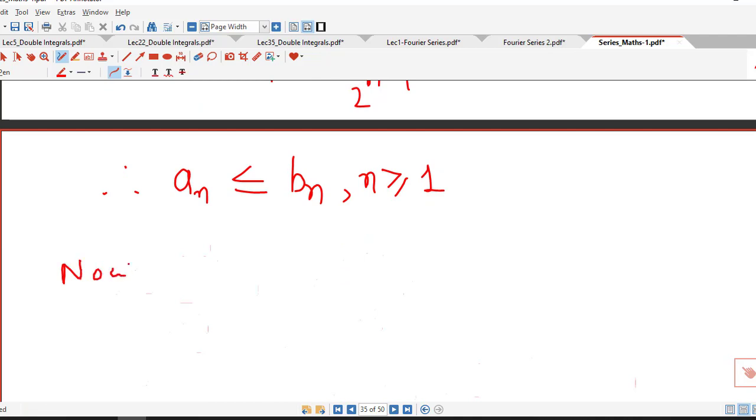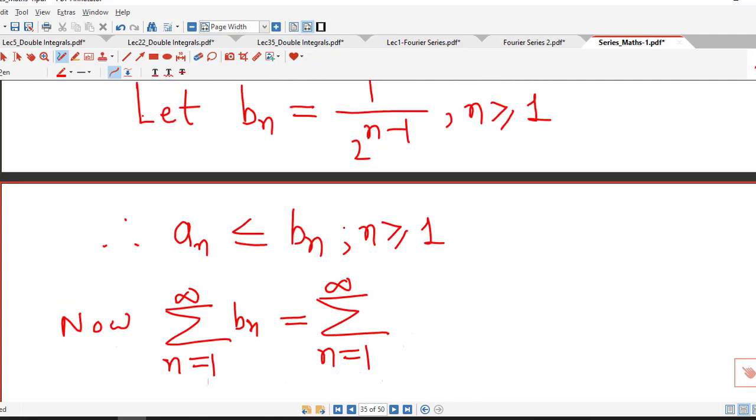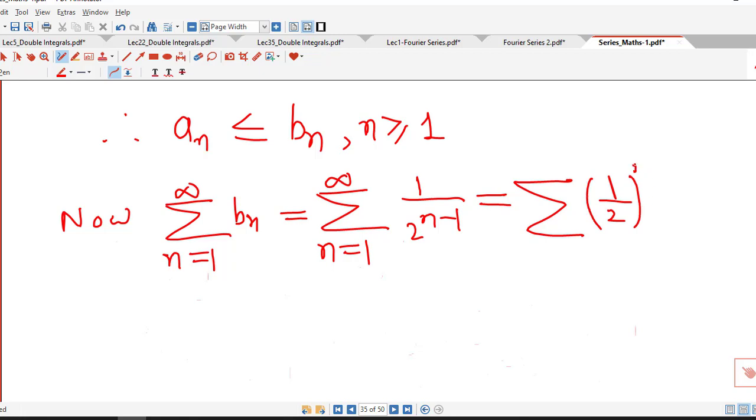So now sigma bn, n is from 1 to infinity. This is equal to sigma n equal to 1 to infinity 1 over 2 raised to n minus 1, which we can rewrite as sigma of (1 by 2) raised to n minus 1, n equal to 1 to infinity.